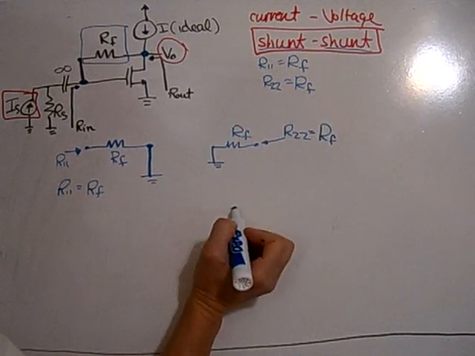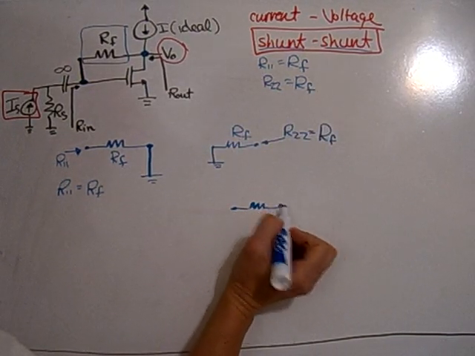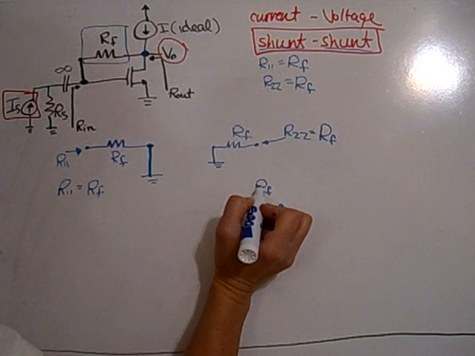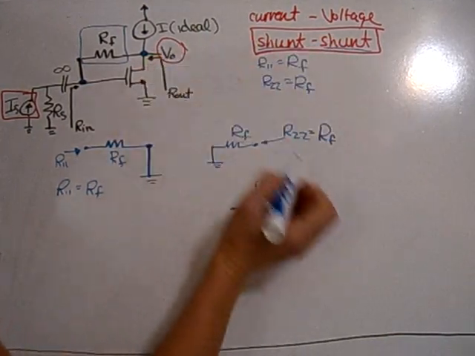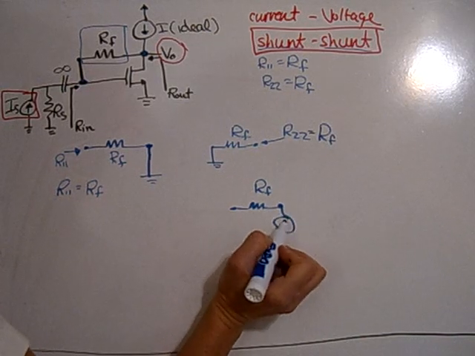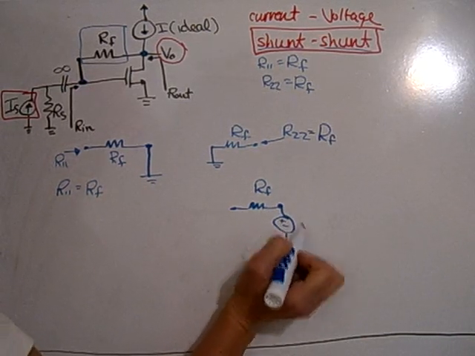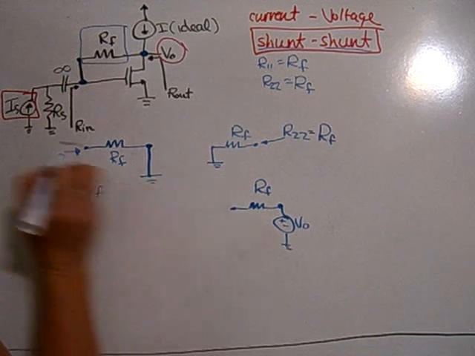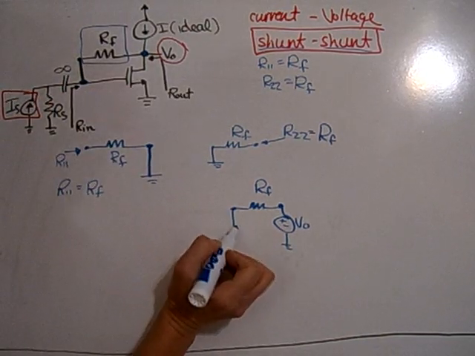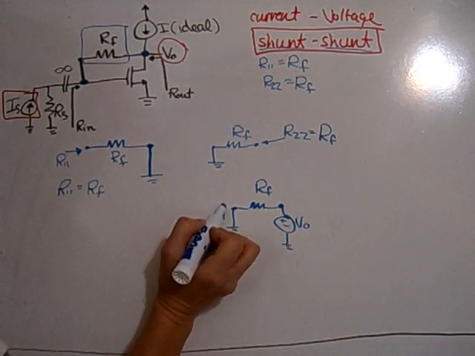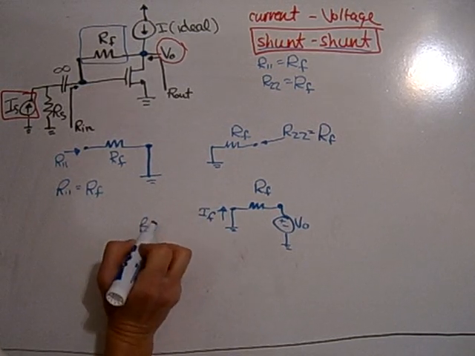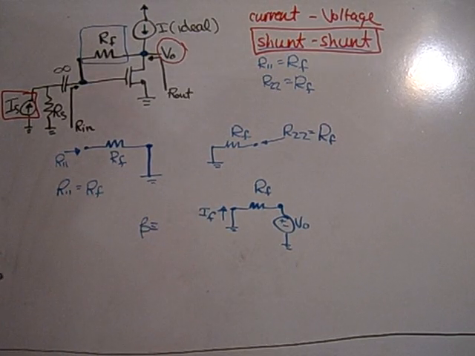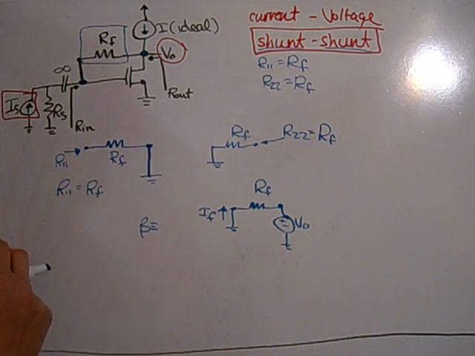Now for beta, we draw the network again. And for beta, on the output side, we put the type of output it is. In this case, it's V0, so we place V0. On this side, it's a current, so we place a short for the current, and we call this IF. Beta is defined as IF over V0.